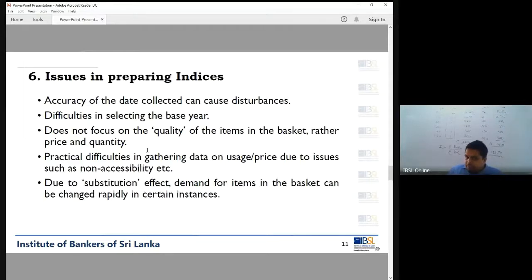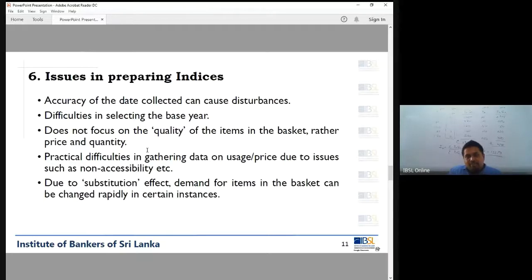Now, a good recent example would be this lockdown scenario that we all encountered. We had to substitute some of our consumption of food items, if we categorically discuss.